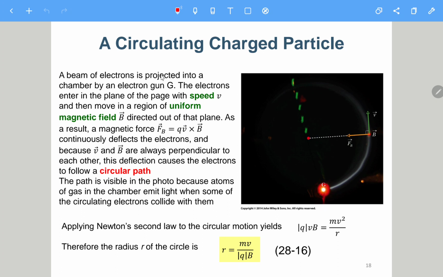Here in the figure you can see a beam of electrons is projected into a chamber by an electron gun G. So this is the electron gun G.